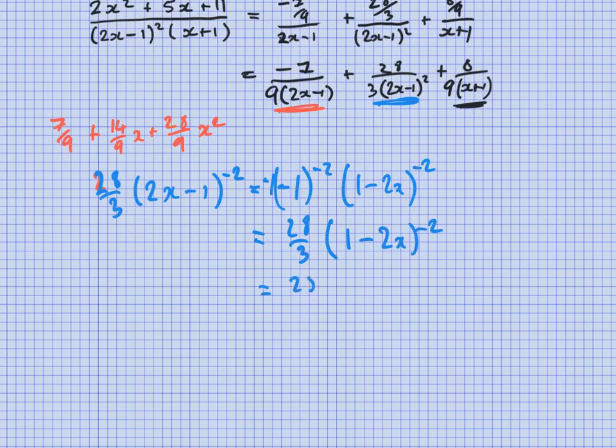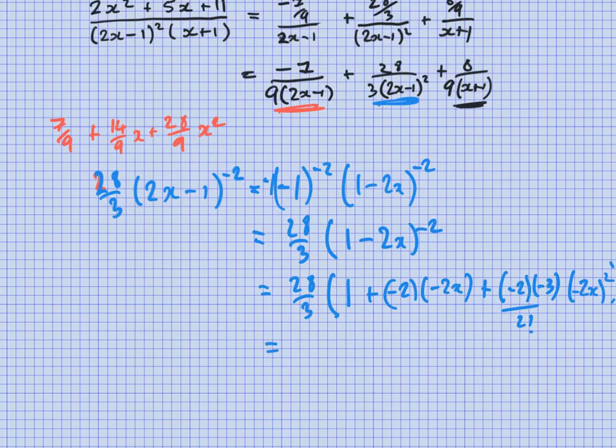So using what we know to do the expansion, that gets us 1 plus minus 2 times minus 2x, that's n times the x value, plus n times n minus 1 all over 2 factorial, times minus 2x squared.